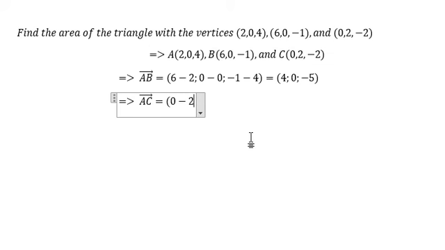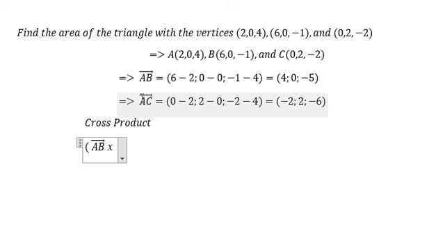The next step we will use the cross product, and that's vector AB with vector AC in here. So we will use the matrix. This is for X, so we use 0, -5, 2 and -6.